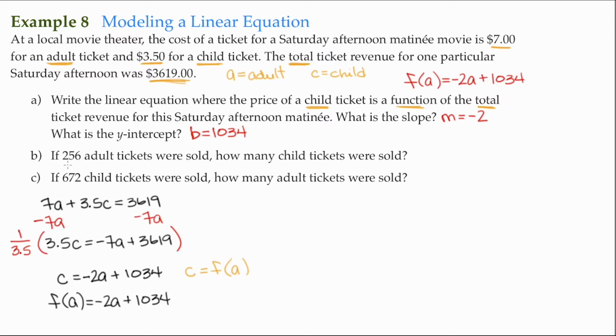B then says if 256 adult tickets were sold, how many child tickets were sold? So we're going to use our function. F of the adult tickets, A, that's 256. F of 256, and we've learned before in functions, that means negative 2 times 256 plus 1,034. We're just using our function. Negative 2 times 256, that's negative 512 plus 1,034.